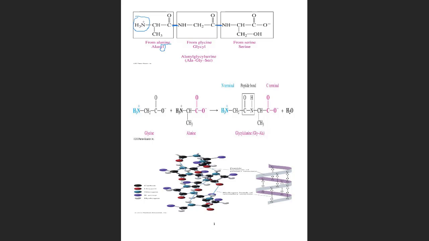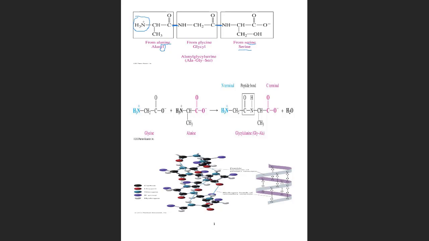Instead of glycine, we say glycyl. And then the last amino acid retains the name. So the last one is serine. We keep the same name. So we start from the left. So the name of this tripeptide is alanyl, glycyl, serine. The last one keeps the name.